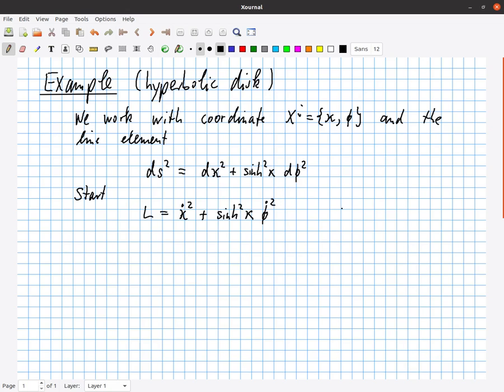We recall that our Euler-Lagrange equations are d over d lambda of dL over dx dot i equals dL over dx i, where i is 1. We are talking about the coordinate kappa. So we begin with the kappa equation.